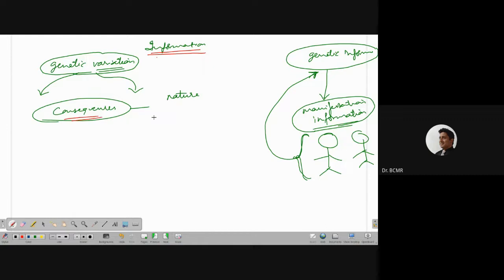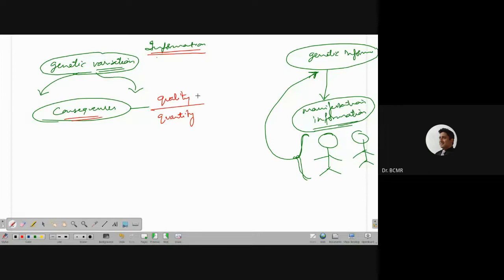So there are two ways the consequences could change. The variations could change the level of quality, or the level of quantity, right?